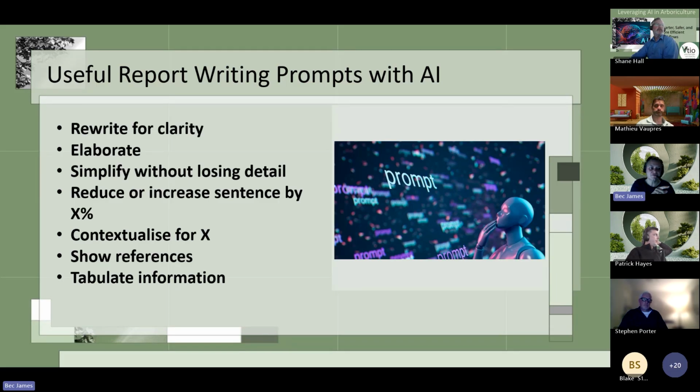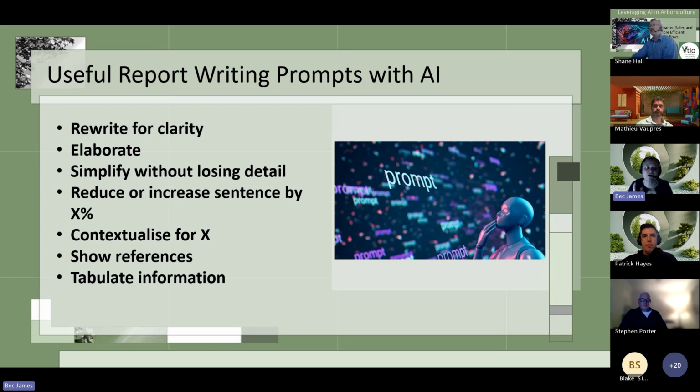Another useful prompt is elaborate. Can you please elaborate on these two sentences? Simplify without losing detail. These are literally phrases that you type into ChatGPT along with the text you want it to work on.